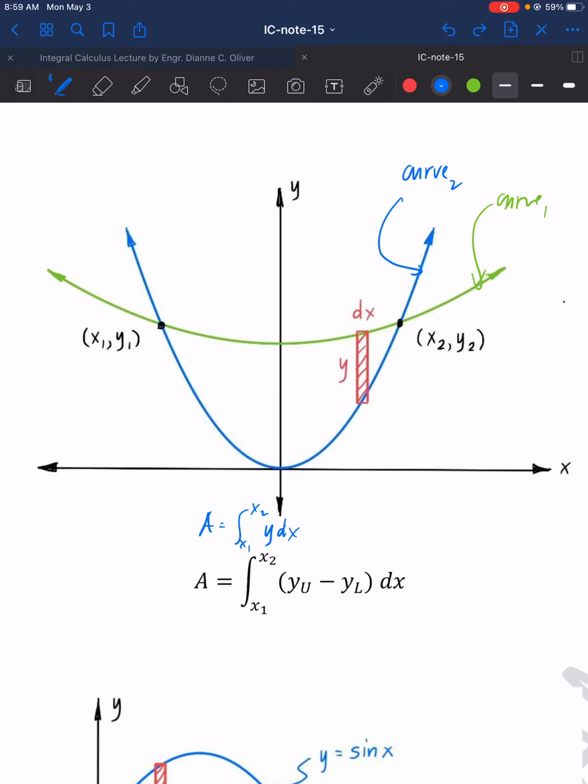Then as for the length y, we have here y upper minus y lower. And the limits x1 to x2 is correct because it is the intersection of the boundaries, the farthest to the left and the farthest to the right.